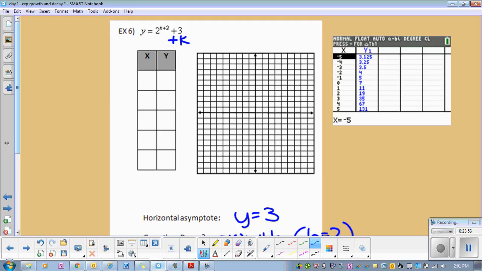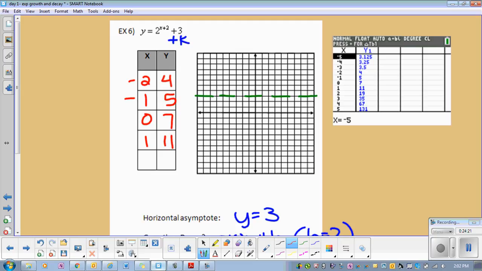So when I go to graph this, I need to go to y equals 3, right there. I need to draw my horizontal asymptote. Please remember to graph your asymptotes, all right? And then I'm going to use negative 2, 4, negative 1, 5, 0, 7, 11. I'm just going to stop there.